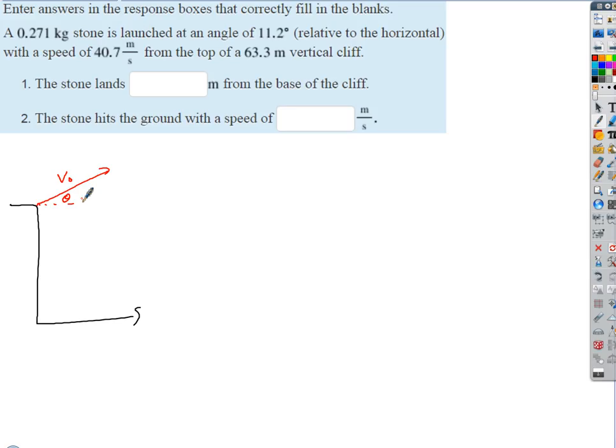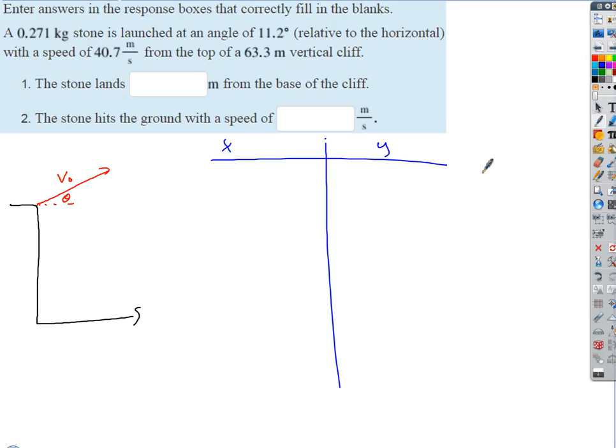Time, yeah. Because we're going to break the stone's motion into horizontal and vertical components. The horizontal stuff is pretty simple, so let's do that. We've got the x components and the y components. We can take our original vector and figure out what the horizontal and vertical components are.